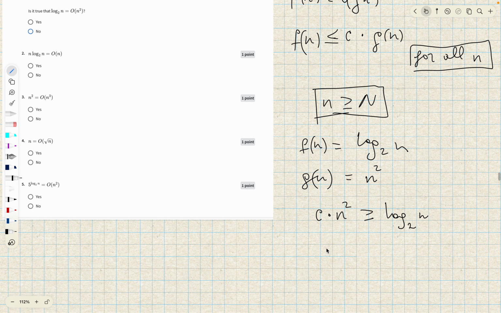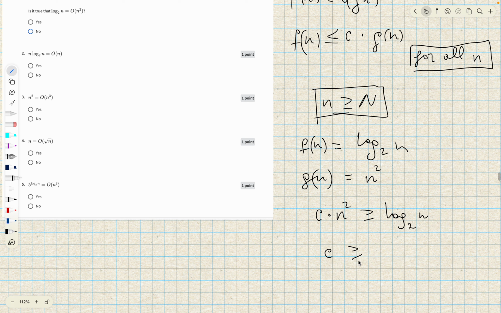Let's separate C. We can divide both sides by n squared because n is a positive number. Because n symbolizes the input size, and input size cannot be negative, and the number of executions as well. So that's why n is a natural number.